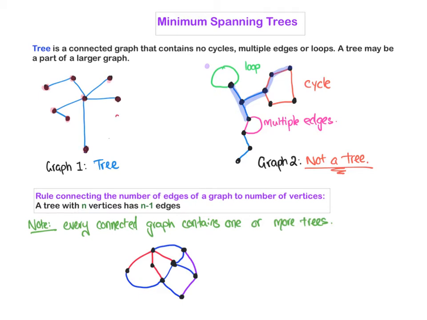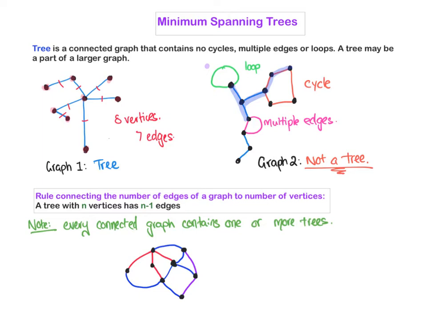We have 8 vertices, so n is 8, and the tree should have 7 edges. Let's have a look. It's got 1, 2, 3, 4, 5, 6, 7, and it does. So there are the edges.